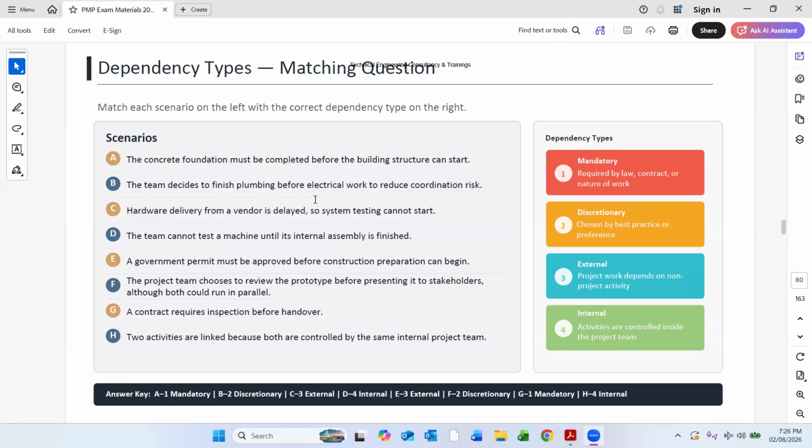So H is for internal: activities are controlled inside by the project team, two activities are linked because both are controllable by the same internal project team. But F also is a project team, right? Then why does it come under discretionary?